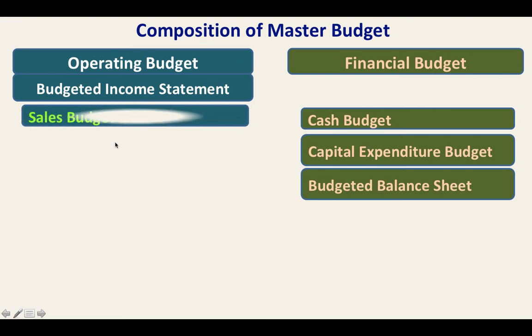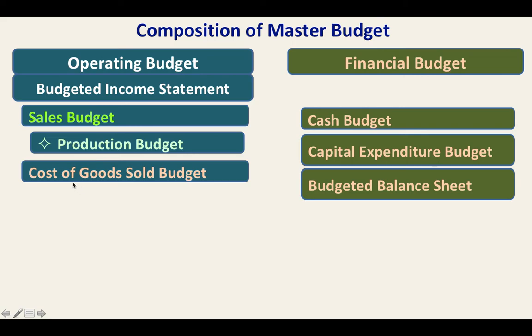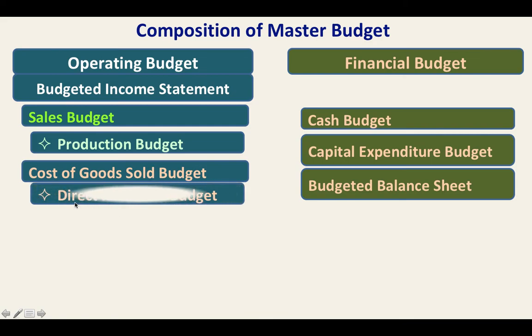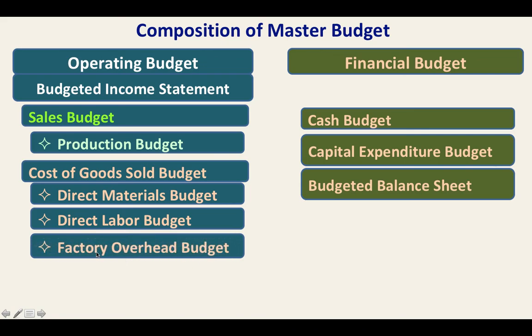The components of the budgeted income statement are the sales budget, and under the sales budget, you need to prepare a production budget. We will also prepare the cost of goods sold budget. Under the cost of goods sold budget, we will prepare the direct materials budget, the direct labor budget, and the factory overhead budget.